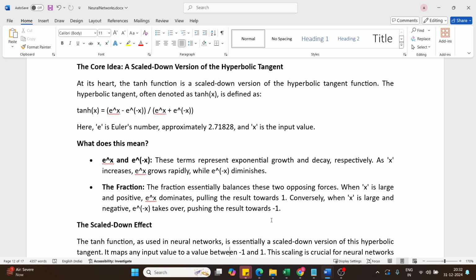So you are balancing the values in such a way that it remains between the two values minus 1 and 1, passing through 0, right? So that's where the tanh is really important, and we will understand a scenario where this is really useful. Okay.